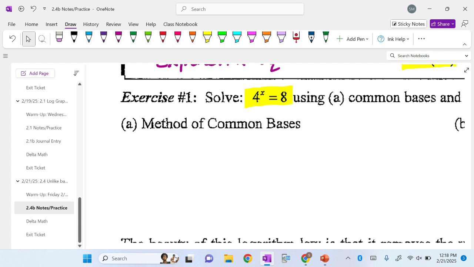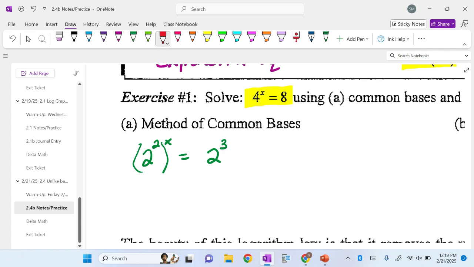For 2. So we're going to convert this to 2 to something equals 2 to something. And remember that x is still in the 4^x, so we're going to put that on the outside so we can do the power rule. 2 to the what power is 4? 2. 2 to the what power is 8? 3.